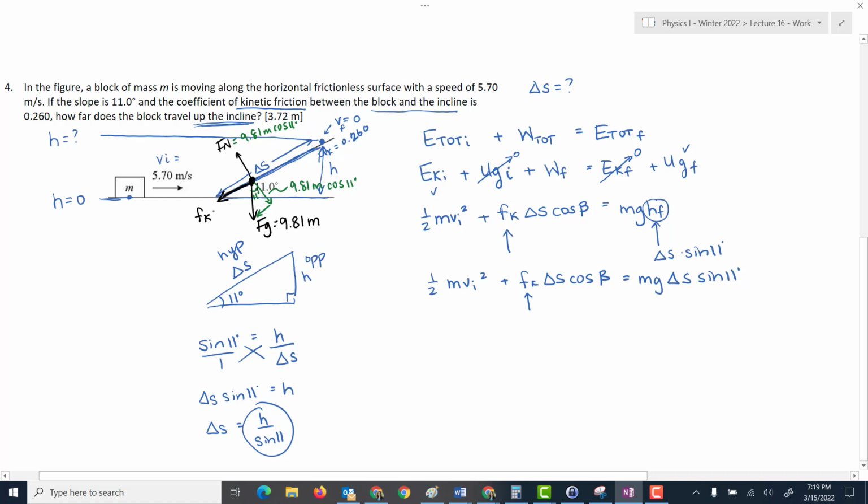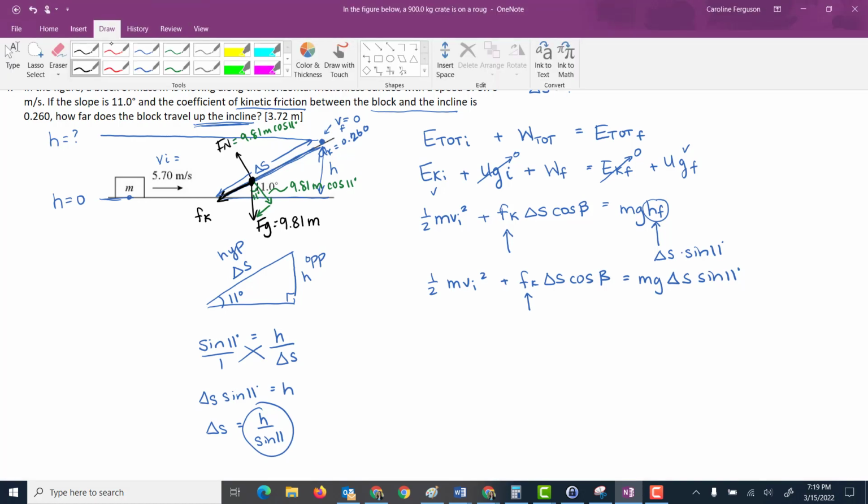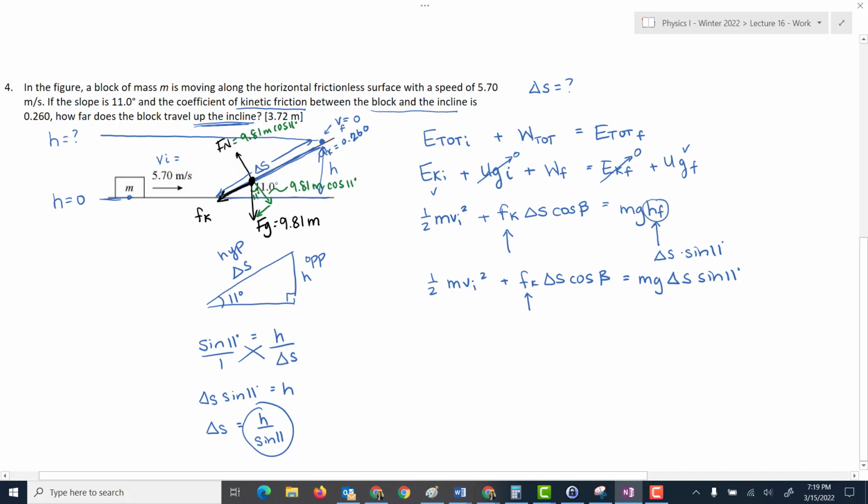And how do we calculate it? The force of kinetic friction equals the coefficient of friction times the normal force. So I'll write that on the side. Force of kinetic friction equals the coefficient of kinetic friction times the normal force. The coefficient of kinetic friction is given, 0.260 times the normal force, which we said was 9.81 m cos 11 degrees.